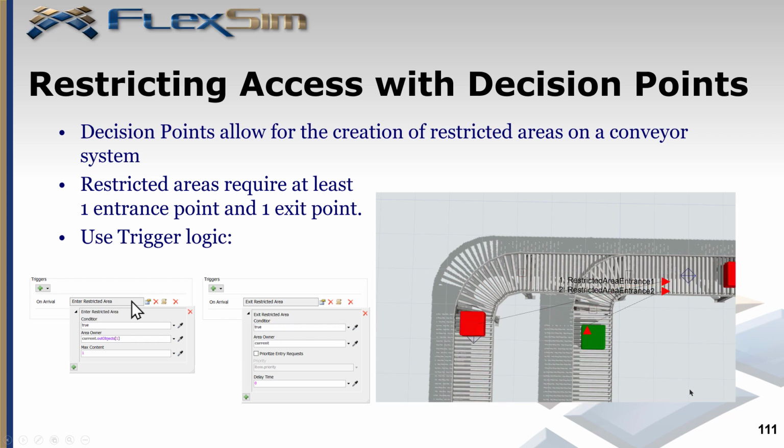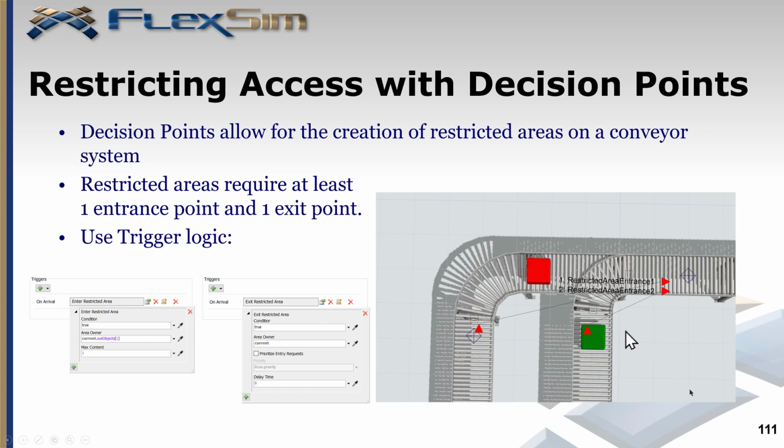So on these two decision points of the two feeding lanes, in their on-arrival trigger, the option enter restricted area has been chosen, and the area owner is defined by an output port connection. Current.out object 1 refers to the object connected to the output port 1 of each of these decision points.